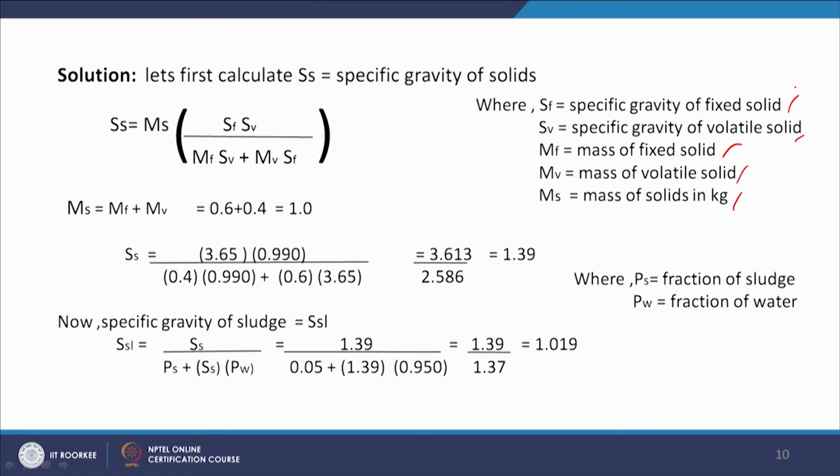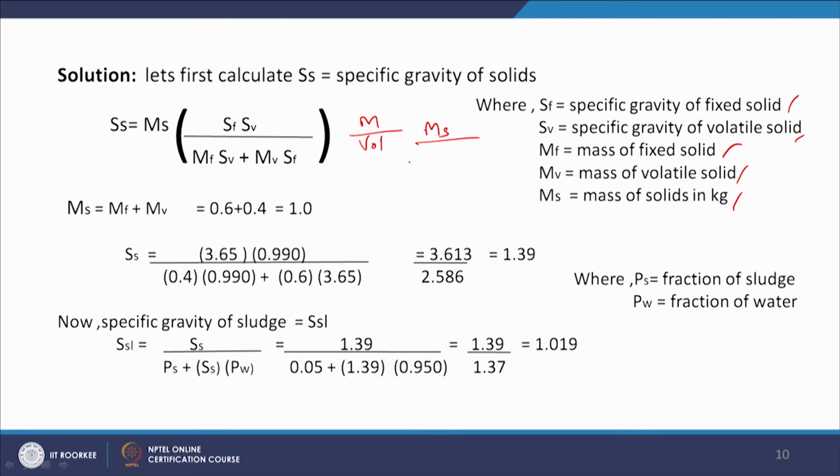So, now what we will do, say S is the specific gravity of solids, that is equal to mass by volume. Okay. So, mass is equal to MS. This MS is the total mass of the solids. So, that will be the sum of the mass of fixed solid and volatile solids.